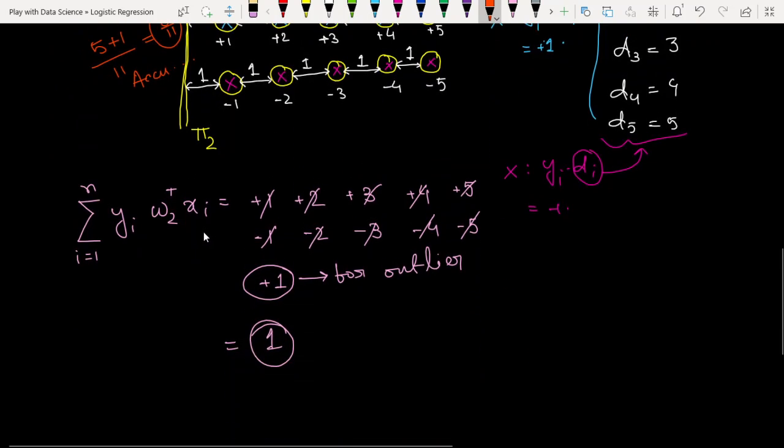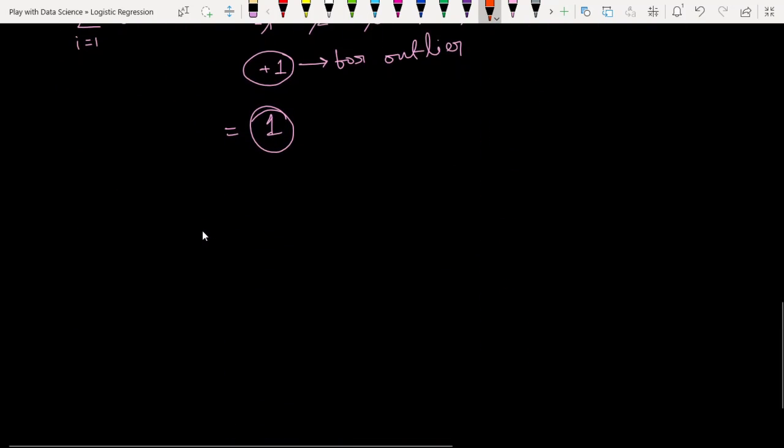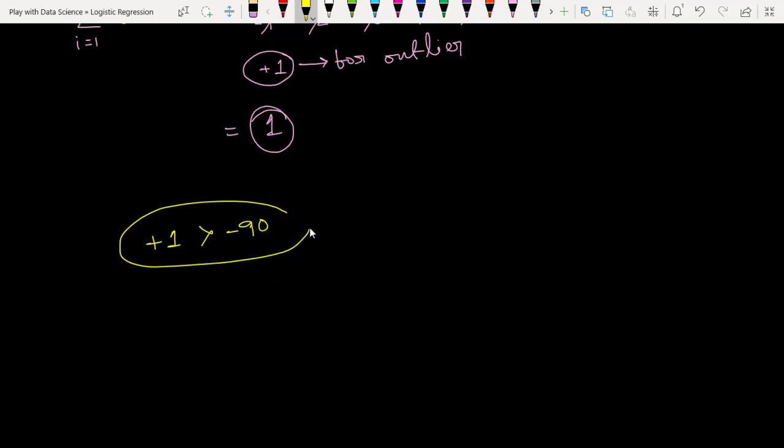So which is the best accuracy if we choose between the two cases? Our main motto is to maximize the sum, and since +1 is greater than -90, intuitively we would choose pi 1 as better than pi 2.